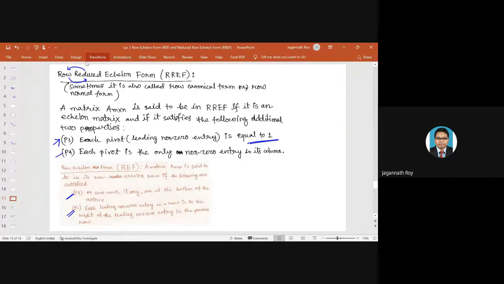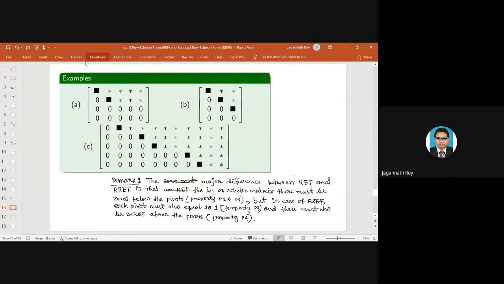Property 4: each pivot is the only non-zero entry in its column. If you look at the structure of the RREF matrix, it will have this form. These are, for example, REF.